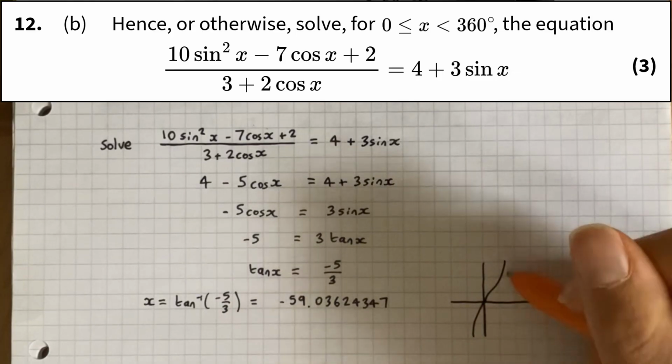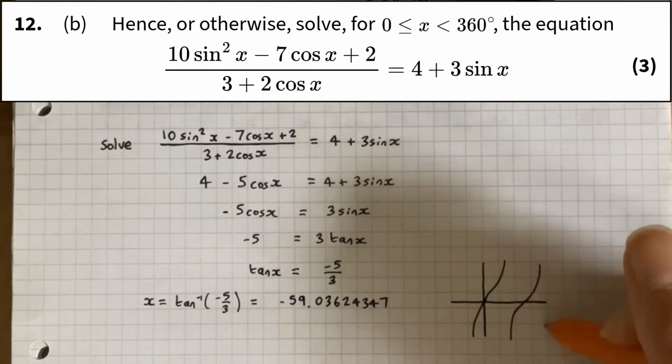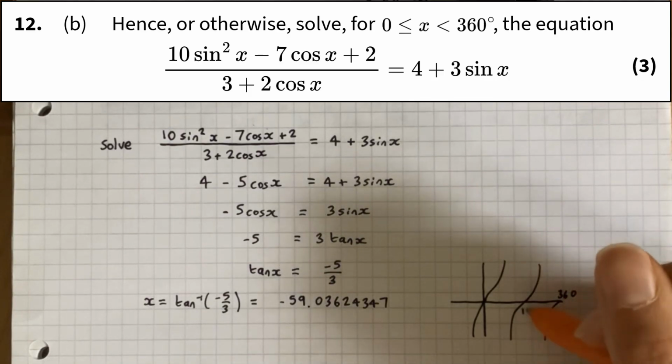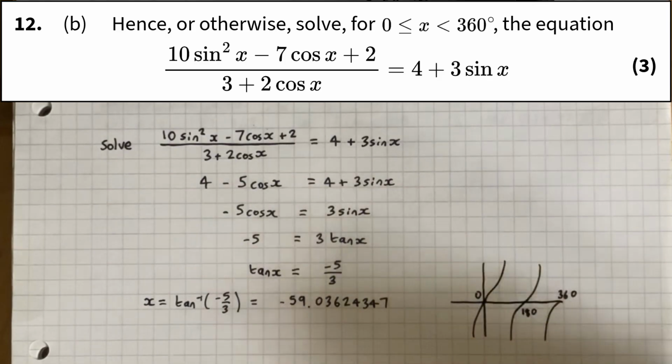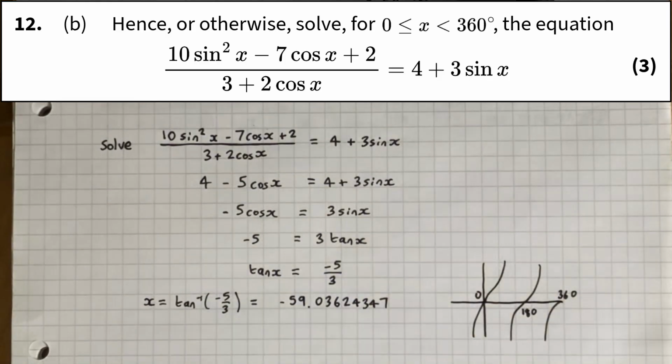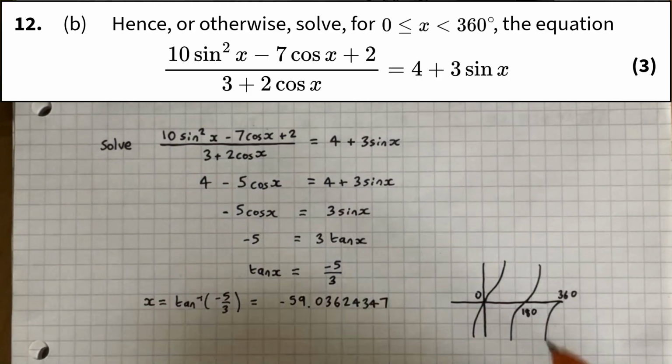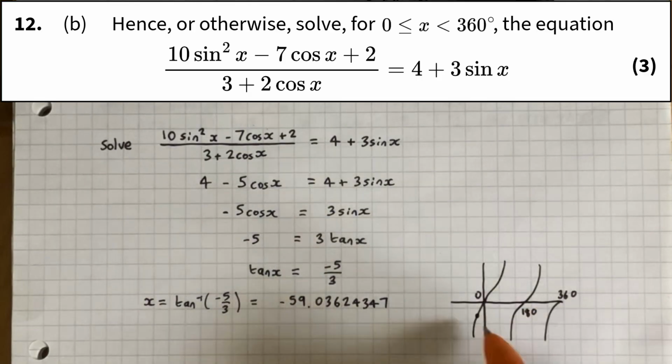So the tan graph looks like this, with asymptotes that I won't draw in. And that goes between 0 and 360 on the right-hand side. And minus 59 is somewhere on the graph on the left-hand side of the bottom, say about here. Other solutions which are in the same place are here and here.